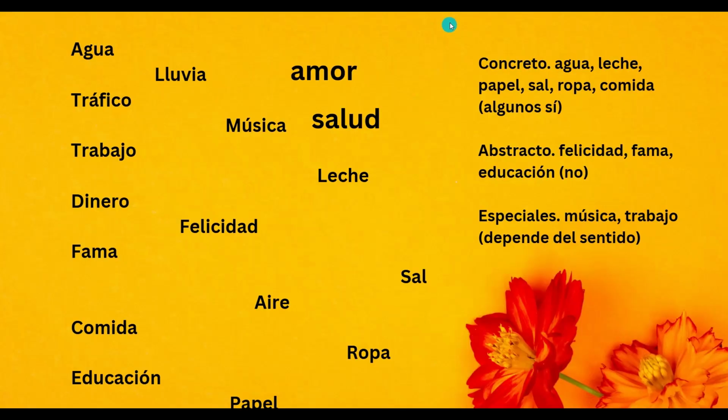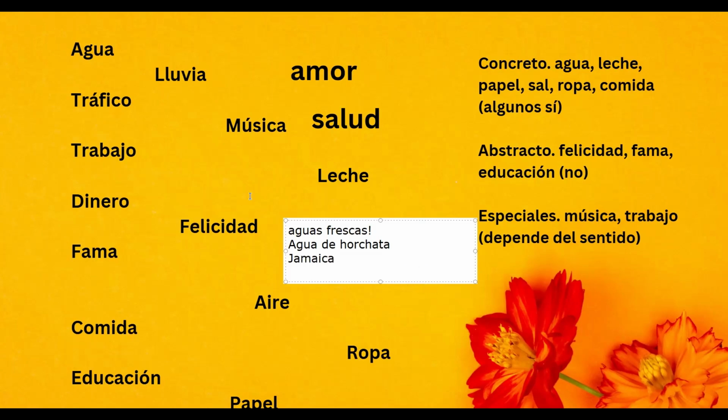let me type it here. It's aguas frescas. You can read it or they can say it. We have aguas frescas, but that means that they have different kinds. For example, agua de horchata, de Jamaica, de fresa.